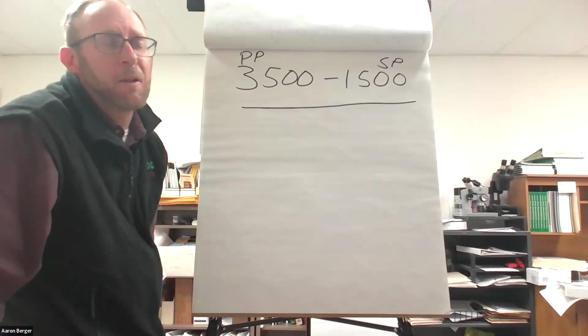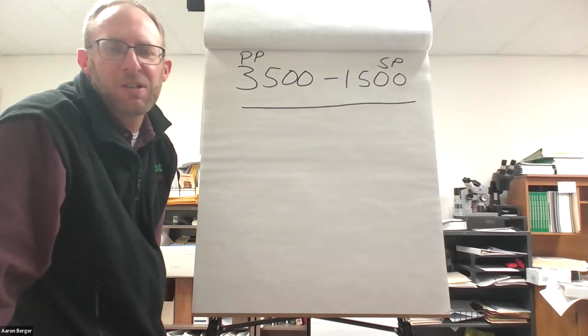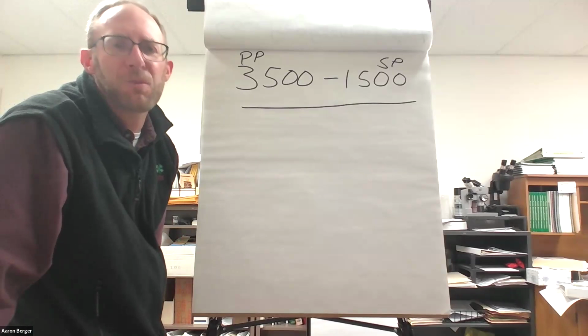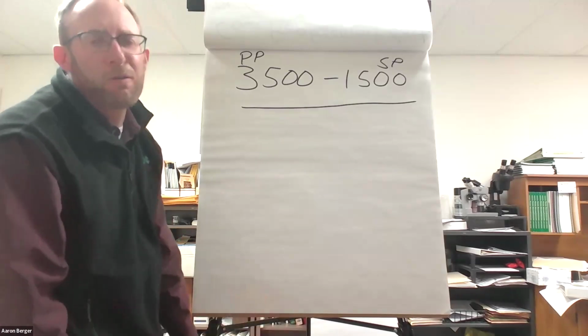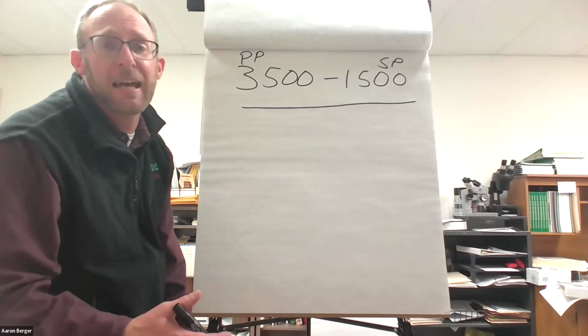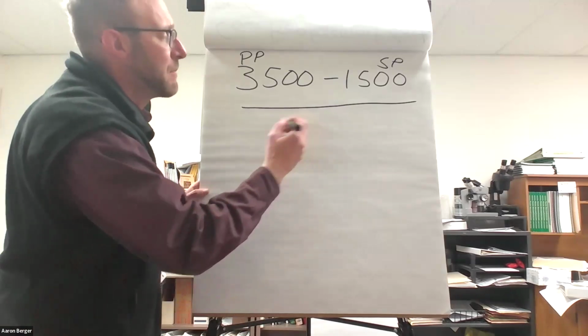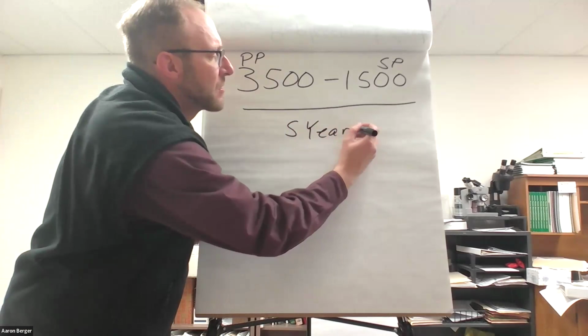A lot of times people will say 10. They always remember the cow that had 10 calves. She left the herd at 12 years of age, but that's a rare specimen. We wish every cow would do that, but 4 to 5 is pretty common on most herds, and some are less than that. But we'll just use 5 to keep the math simple. So 5 years that she's productive.